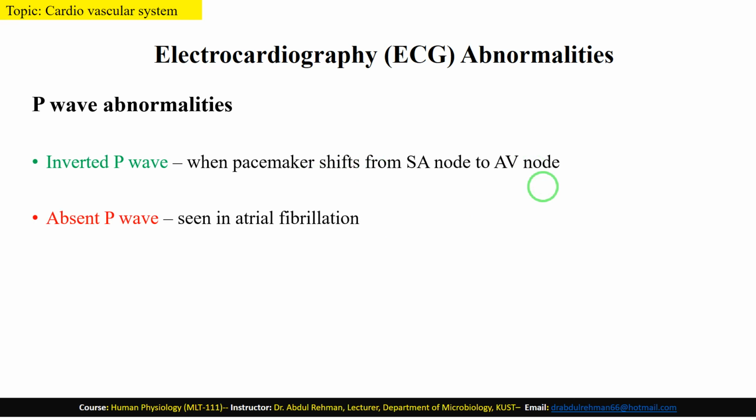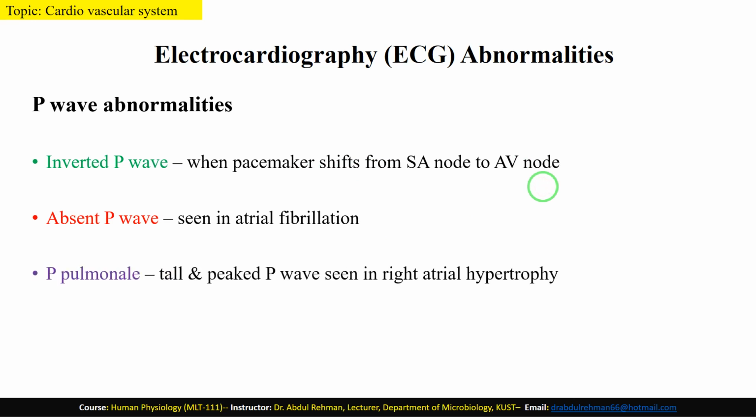So this is mostly observed in atrial fibrillation. The third abnormality is P pulmonale, where we observe tall and peaked P waves in right atrial hypertrophy.